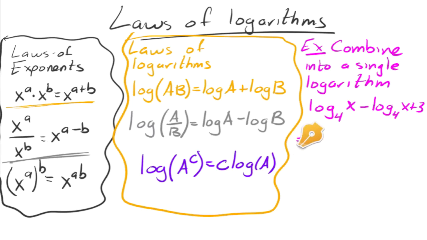Well, since I'm subtracting, I can use law number 2, right? Log of a minus log of b is the same as log. Notice how the base is going to stay the same. And then inside, subtracting 2 logs is the same as division inside. So it's going to be log base 4 of x over x plus 3.